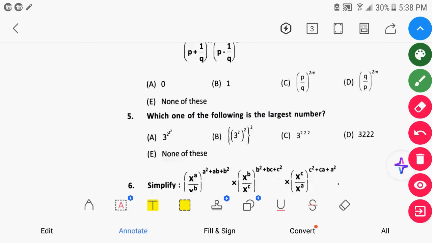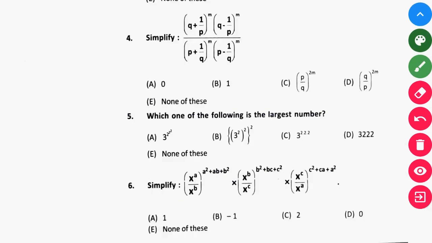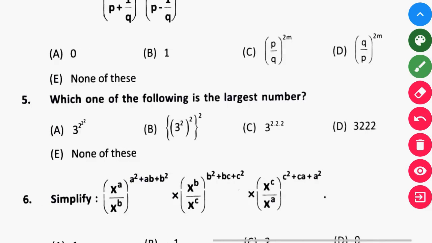We have to find it. So see, the theme is, when we look at the first answer, it is 3 raised to 2, but 2 raised to 2 is not there like this. A bracket is there and raised to 2 is there, not like that.